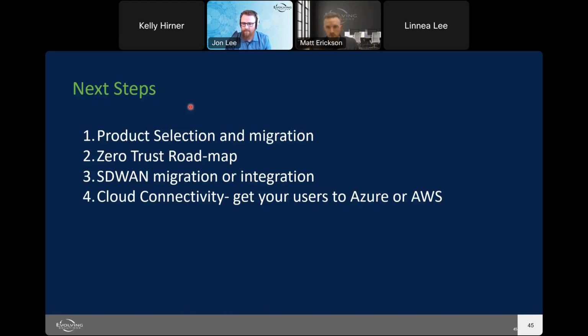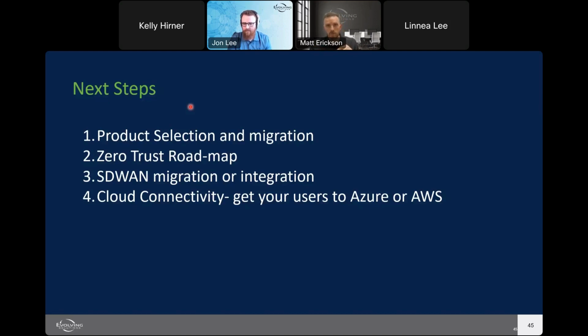And then, folks that know us know we've done SD-WAN for many, many years. A lot of people are looking to their next generation of SD-WAN now, and we're trying to figure out how to deliver these cloud services. So that's keeping us busy right now. The other item is folks who are still building out their cloud presence.